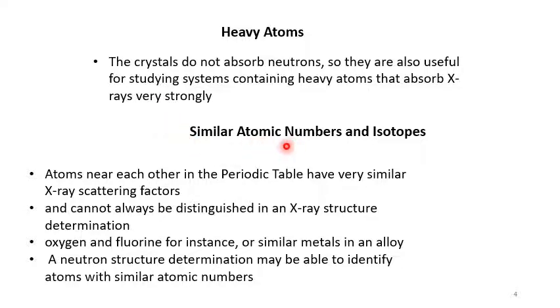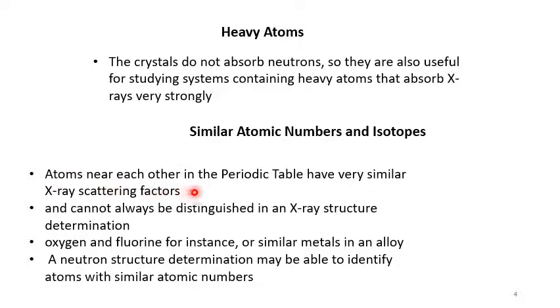Here is another application, and that is similar atomic number and isotopes. With the help of neutron diffraction analysis, we can detect the isotopes. Isotopes are those elements which have the same atomic number but different atomic mass. So isotopes can be differentiated with neutron diffraction analysis.